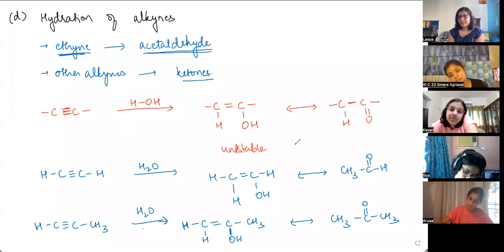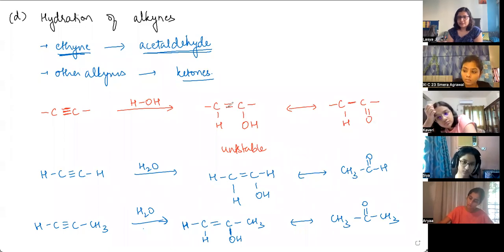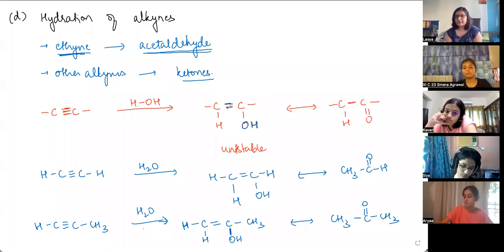Could you please explain the tautomerization part again? Tautomerization is rearrangement. So enol, this particular form where you have an sp2 carbon and OH attached, is an unstable form. Like resonance is delocalization of electrons, right?